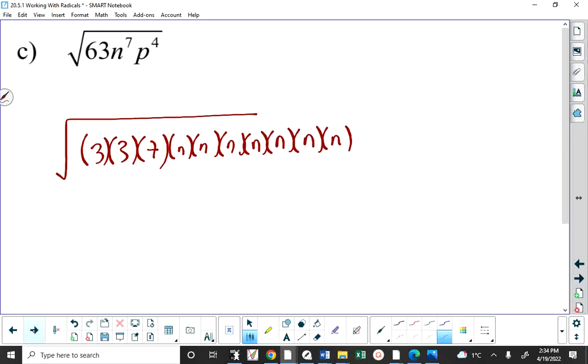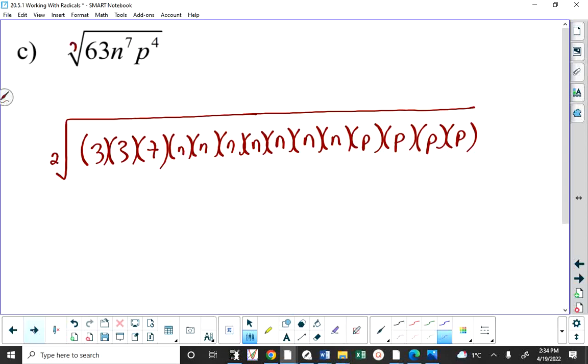There are my 7 n's, and I have p times p times p times p. So it's a square root. It doesn't say it's a square root, but it is a square root. So I can take out pairs of items and write each pair as a single item outside.